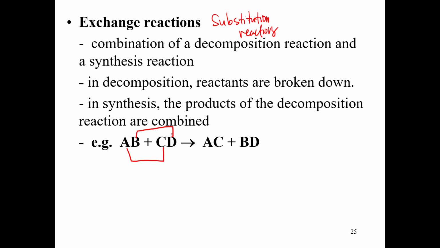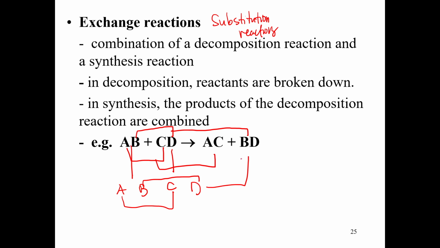If you want to show the decomposition first, what happens actually is AB becomes A and B, CD becomes C and D. They are broken into their separate components, then they form slightly differently, leading you to this one.